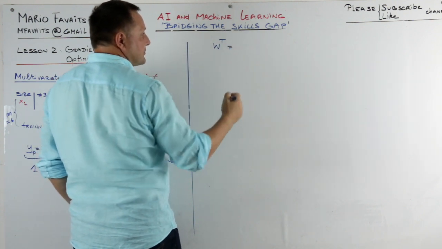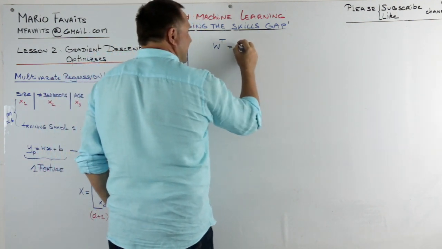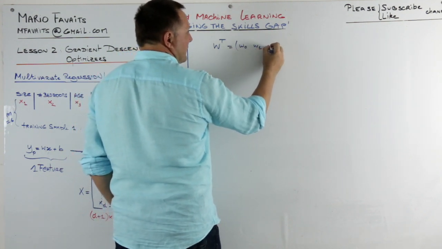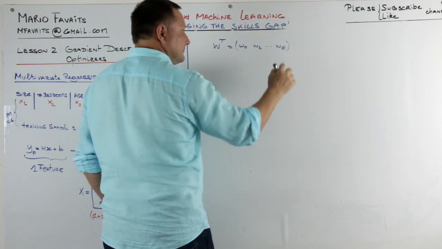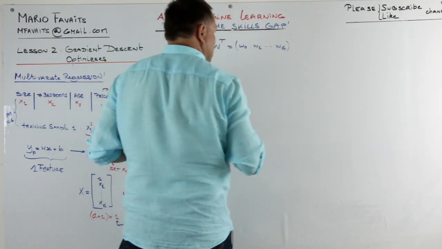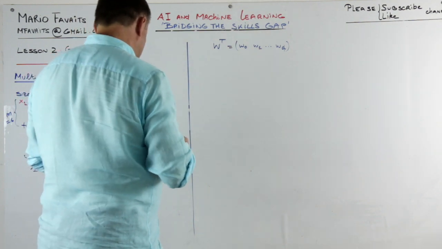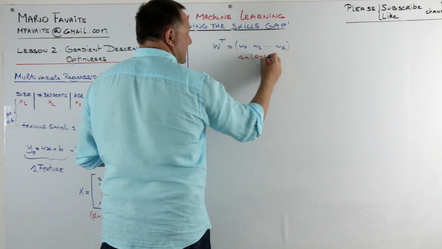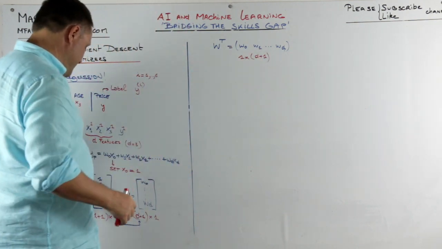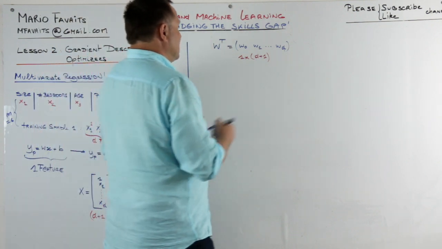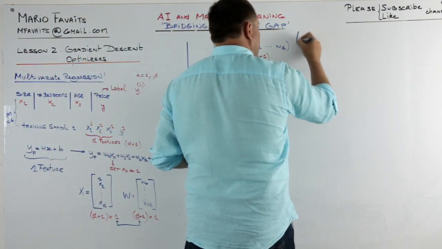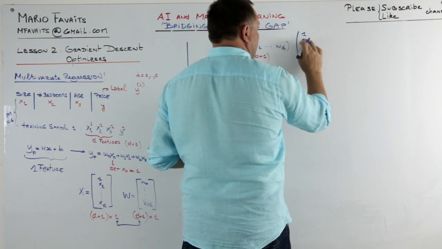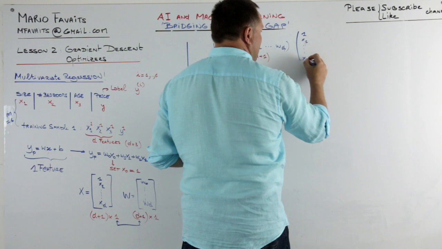So from the rows, we make a row vector instead of a column vector. It's W0, W1, all the way to WD. And now this vector is 1 times d plus 1. And now we can multiply this with the vector x, which is 1, x1 all the way down to xd.